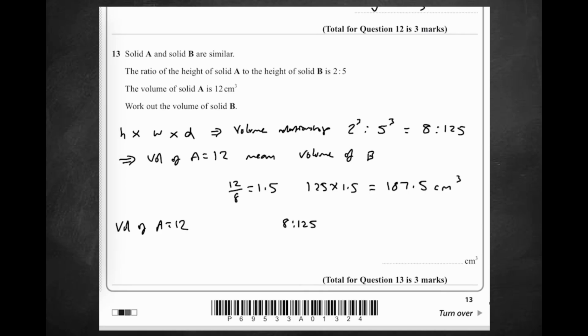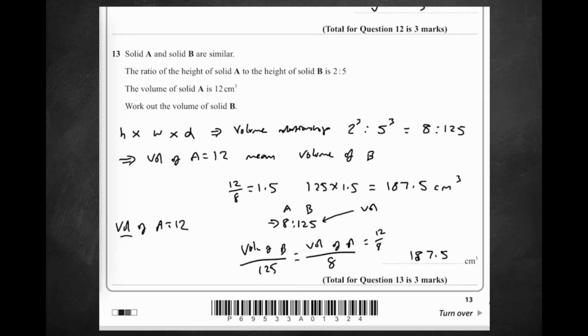So this is B, this is A. Volume divided by this number for A will be the same as volume divided by this number for B. So volume of B divided by 125 equals volume of A divided by 8, 12 over 8, which I said is 1.5, so volume of B is 187.5 centimeters cubed.